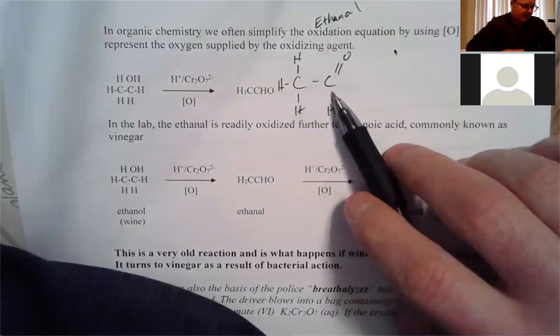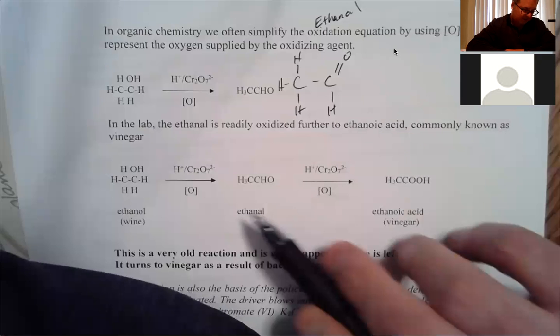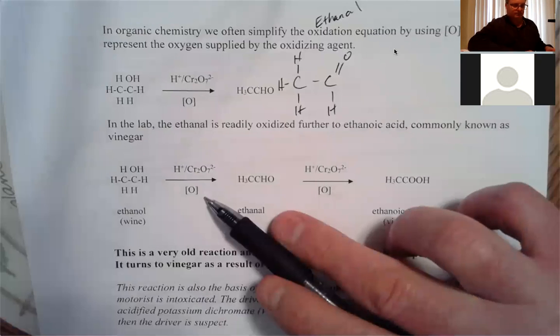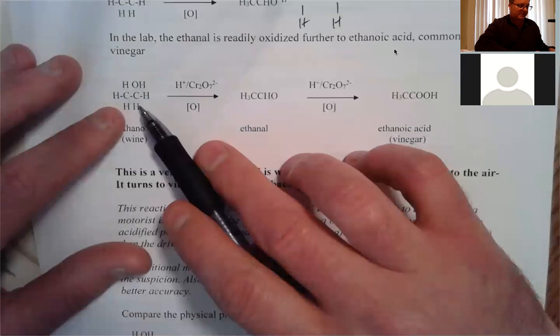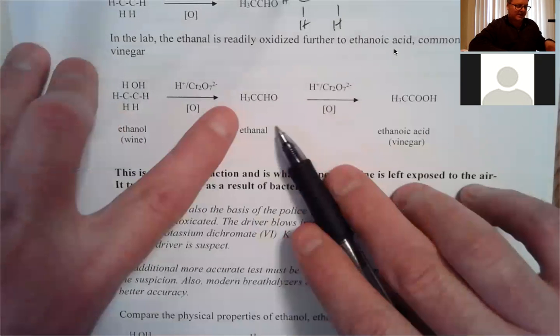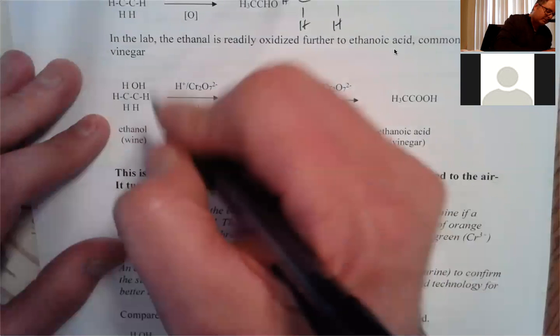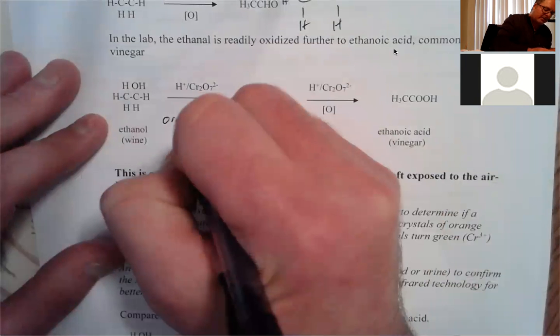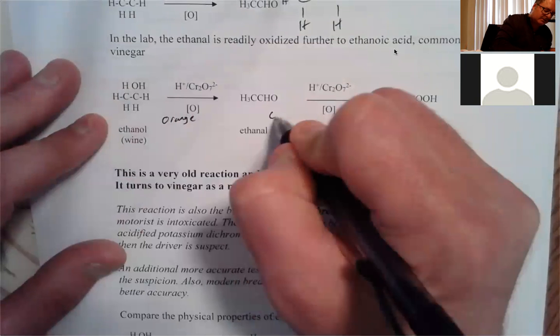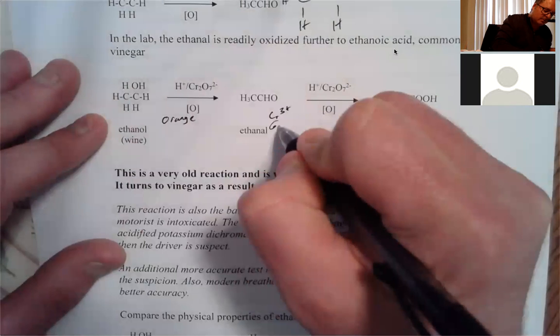And if we then have this go through the reflux with the ethanol, here's the ethanol to the ethanol, right? This was orange. Now we're seeing that Cr3+, which is green.